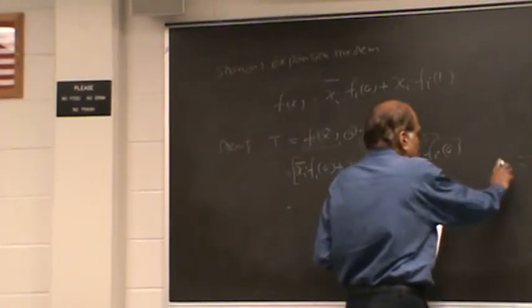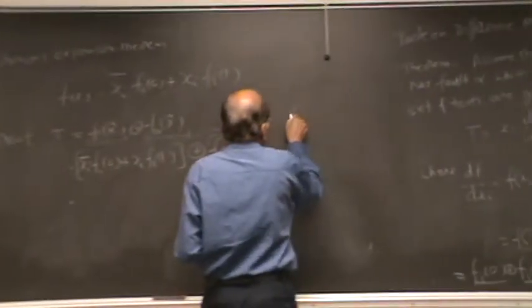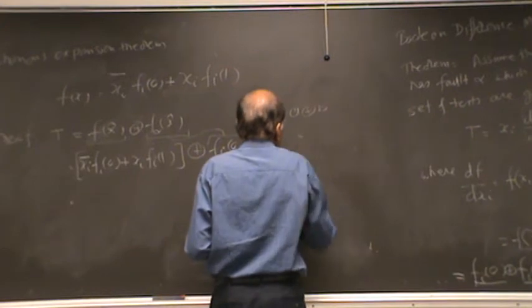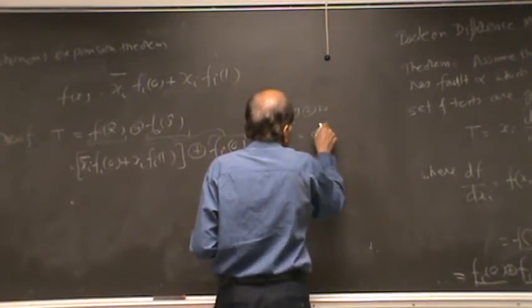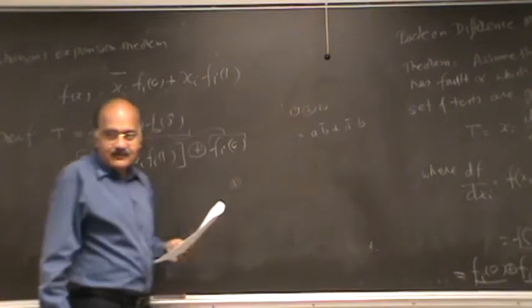Now remember that A exclusive or B is equal to AB bar plus A bar B, right?